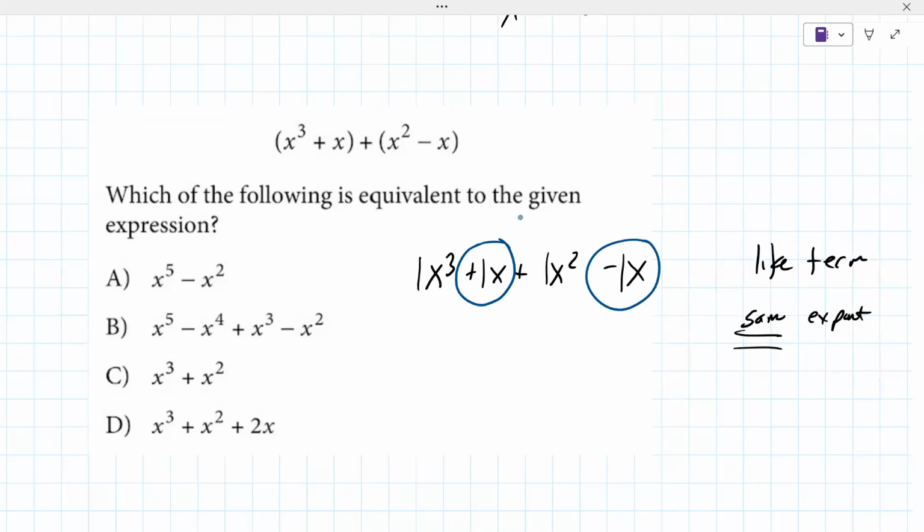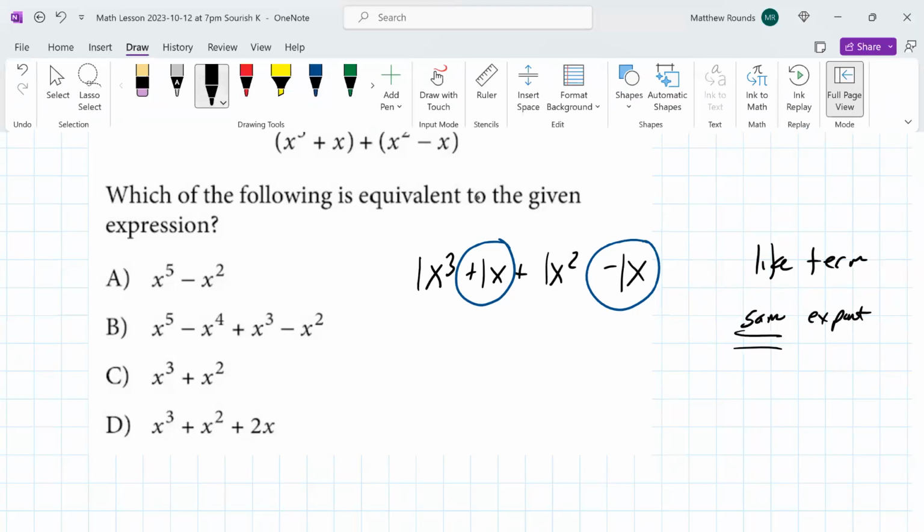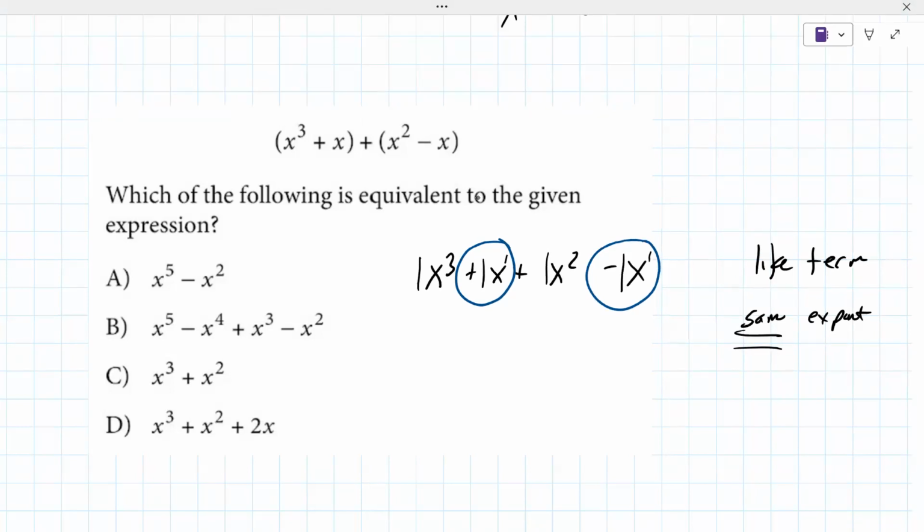What are the exponents for each of those? There's no exponent written, but what is the exponent? One. Are they the same? We're talking about the exponent. Do they have the same exponent? Yes. Okay.